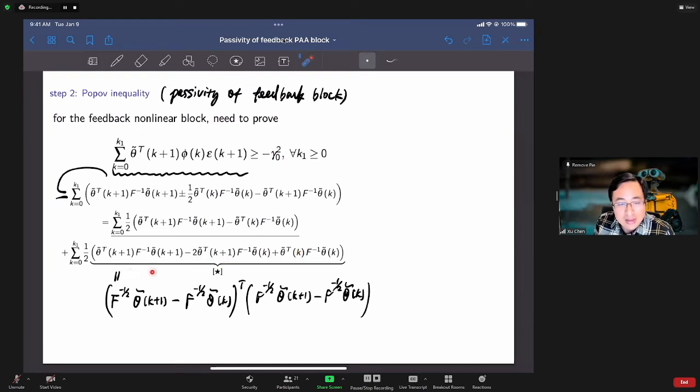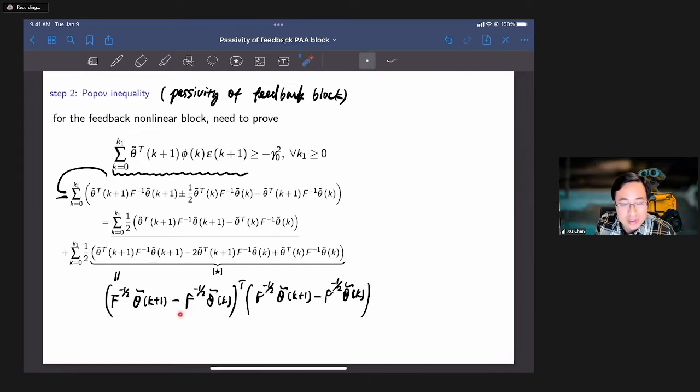So this is essentially a square term. This is essentially F to the power of 1/2 times theta tilde k plus 1 minus F, this matrix taking the square root in a sense, times theta tilde k, this transpose times itself. That's the purpose of completing the squares.